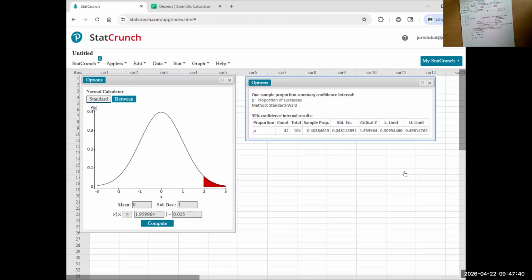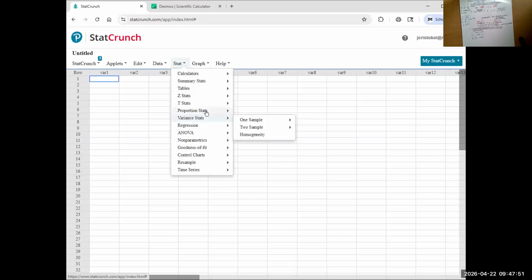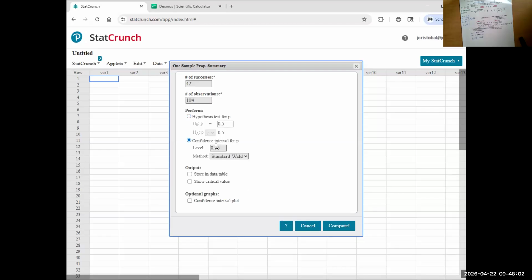And now if we do that work on StatCrunch again, I can close that down. We can close this one down. We can compare, but in proportion stats, one sample with summary, same number of successes at 42, observations 104, again same sample, but now we're going to change the confidence level to 0.99, 99%, showing our critical value, computing here.